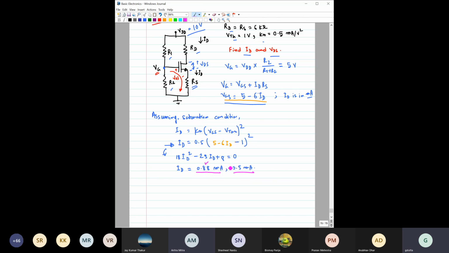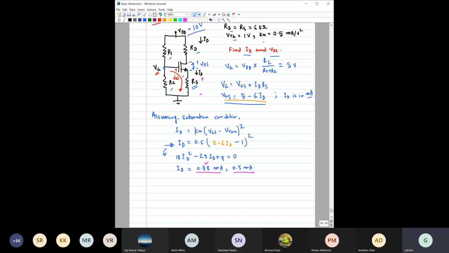So that will make VGS negative. VGS, 5 minus 6 ID. Okay, that way also you can say, right? See, if you are considering this one, then this is ID. ID is 0.88 and RS is how much? 6, right? So multiply it.